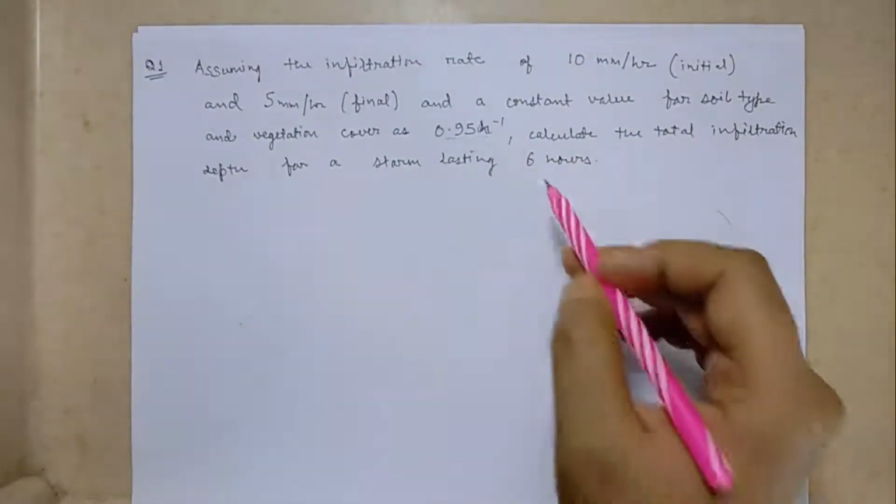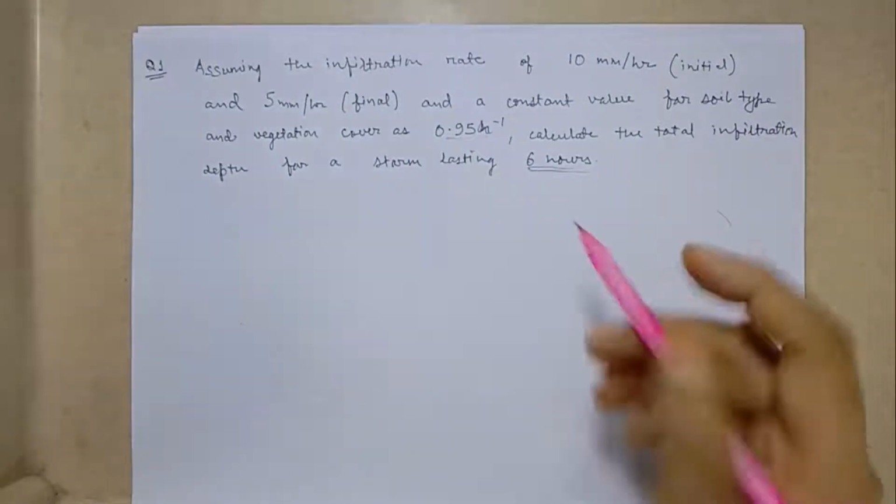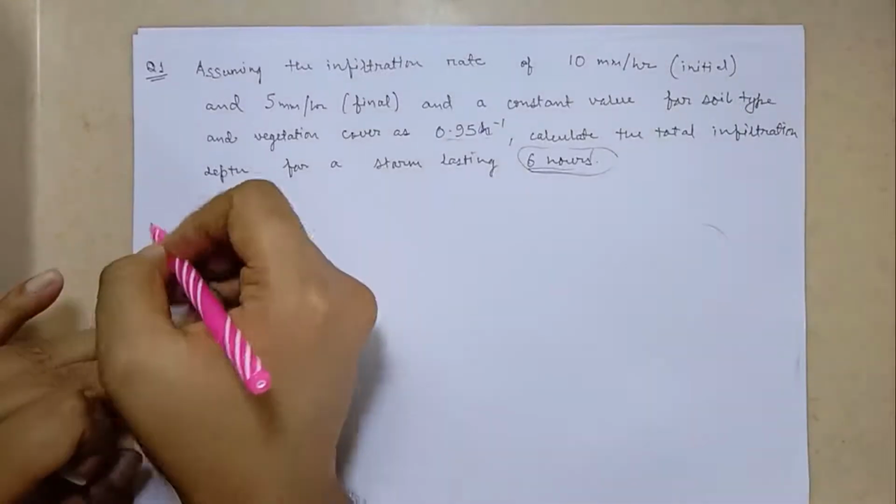Also the time is given as 6 hours, which we will consider later on. First we need to calculate the infiltration rate, and as you can see, we have some constants which are quite similar to those in Horton's equation. So let's write Horton's equation.